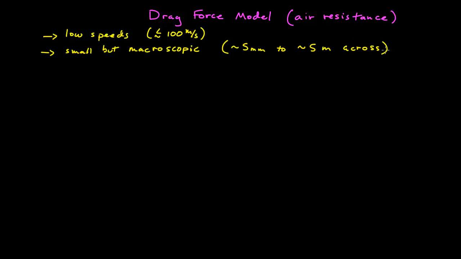That sets the scale for the types of objects for which this model of air resistance is good. And the other thing is that it's moving through a gas. This model isn't going to be good for more viscous substances like liquids.